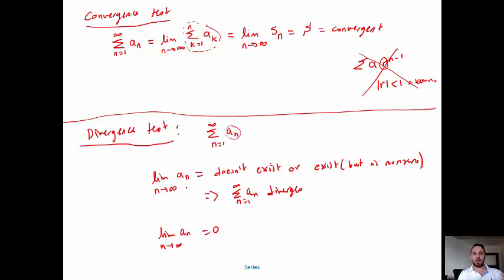Why? Because as you see, if it is 1, then you add 2, 3 on top of each other, then the series will start to diverge.